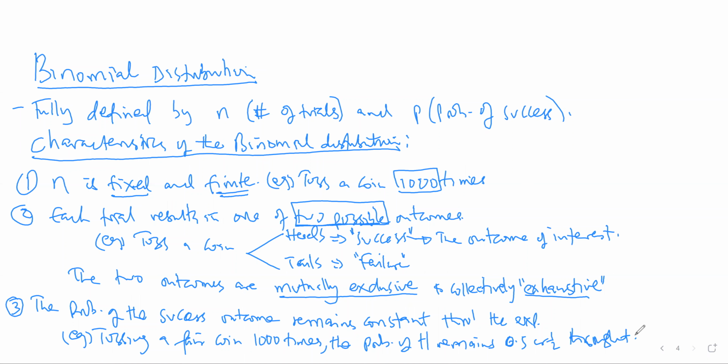It doesn't change. From trial 1 up to trial 1,000, the probability of observing a head remains the same, if you are dealing with what we are calling a fair coin. A fair coin is a coin where the two sides are equally likely.